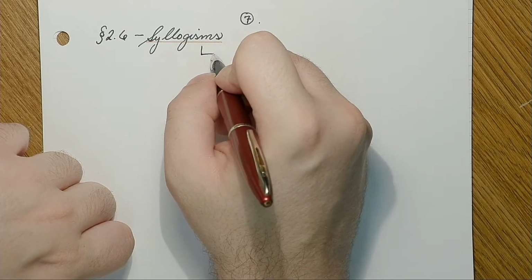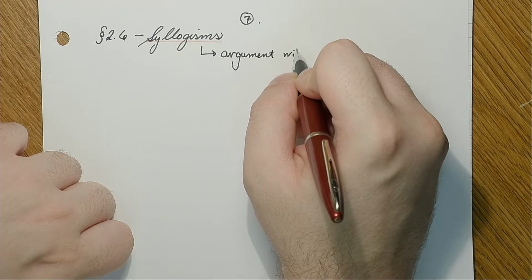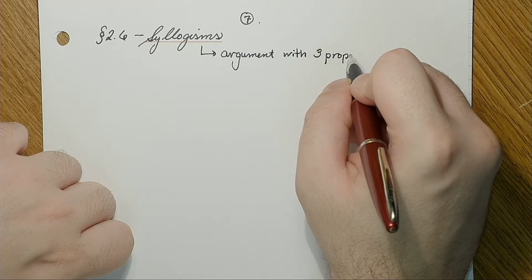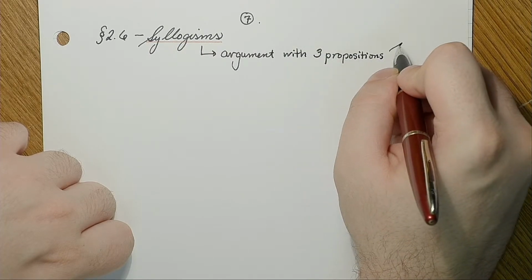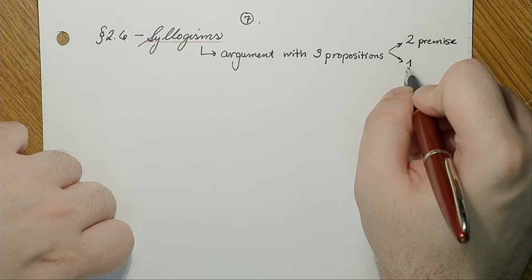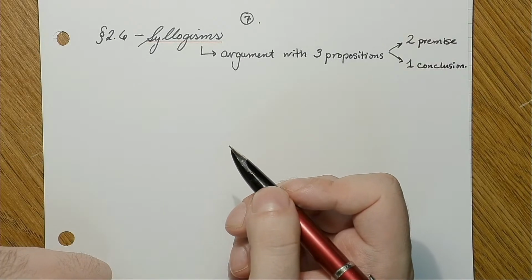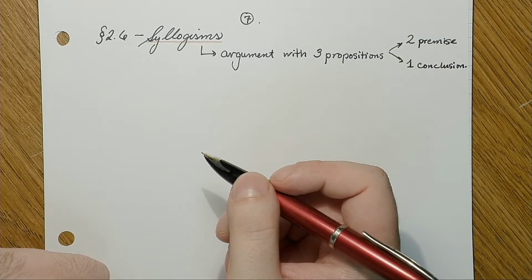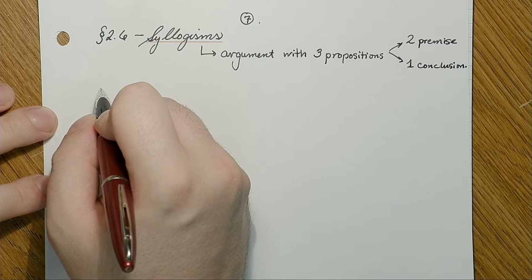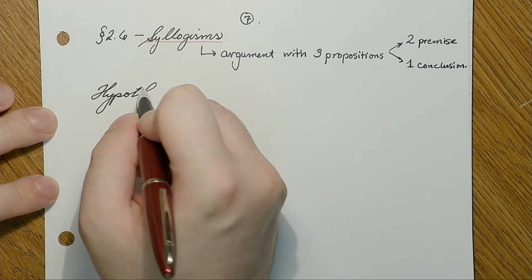So this is an argument with three propositions: two premises and then one conclusion. This one's called the hypothetical syllogism.